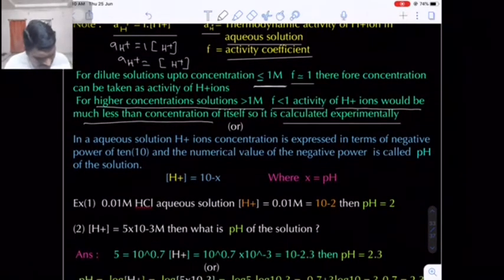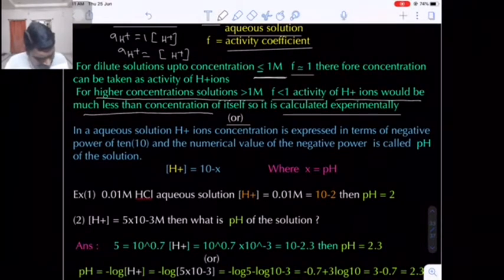Now, there is another definition for the pH scale. The H plus ion concentration can be expressed in terms of a negative power of 10, and the numerical value of that power is referred to as the pH.